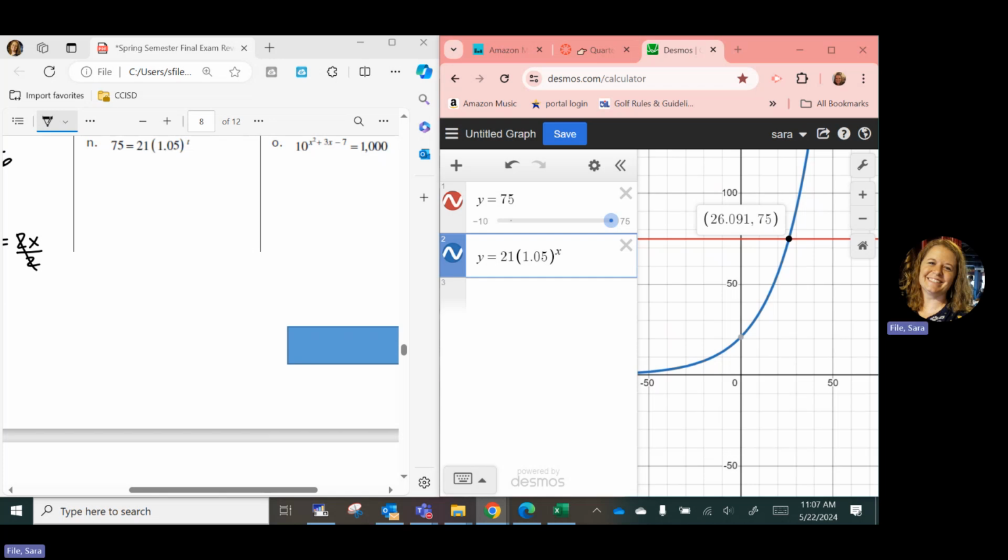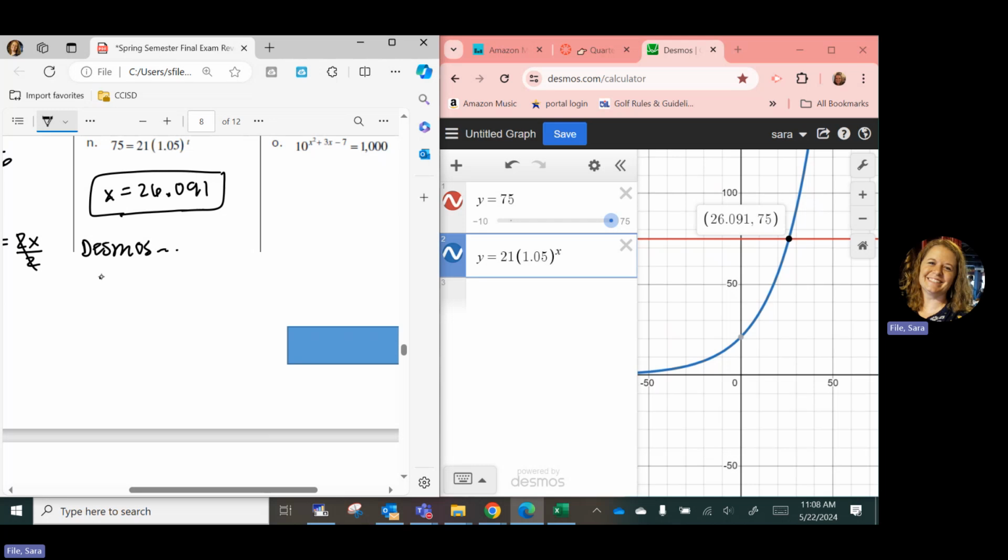Now, do you have any questions about that? I didn't even have to write anything down to do it that method. So that actually may be most of y'all's preferred method. Let me write that down. So 26.091. And I'll just make a note here. I did Desmos.